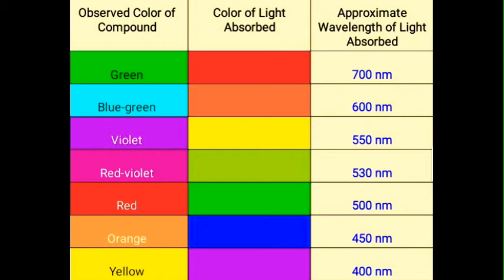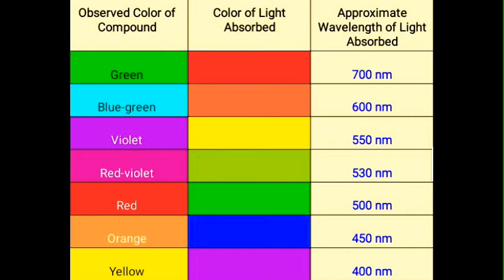When it is a violet colored compound, for which you have to measure the optical density, the light absorbed is yellow and the wavelength will be 550 nanometers. For a red violet color, the light absorbed is light green and the wavelength is 530 nanometers. When the colored compound is red, the light absorbed is green and the wavelength is 500 nanometers. An orange colored compound absorbs blue light, and the wavelength is 450 nanometers.